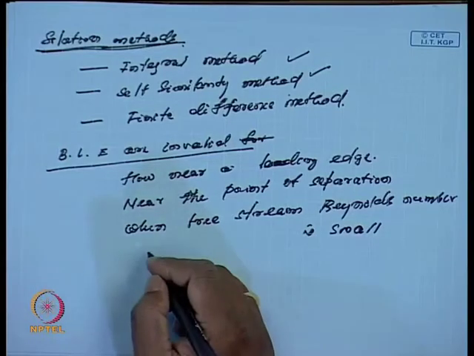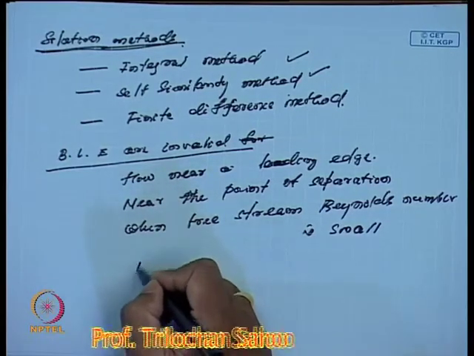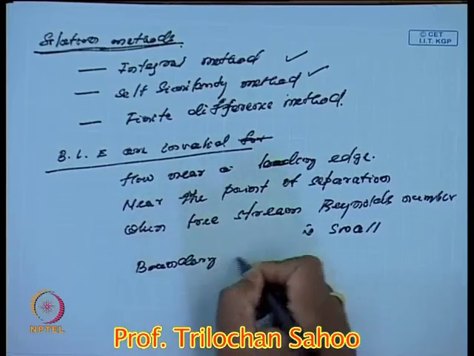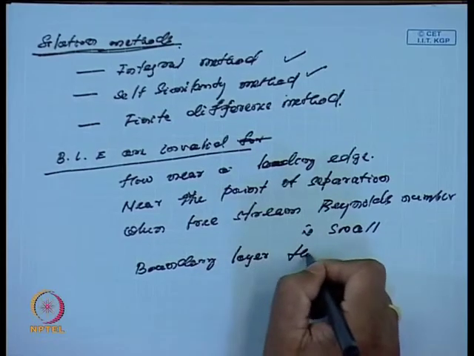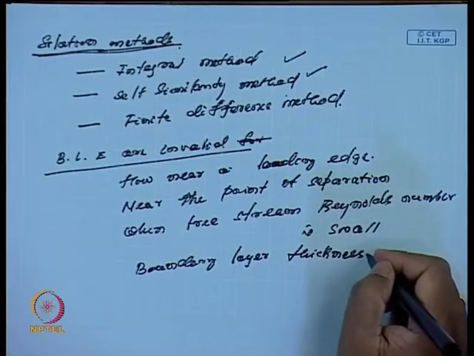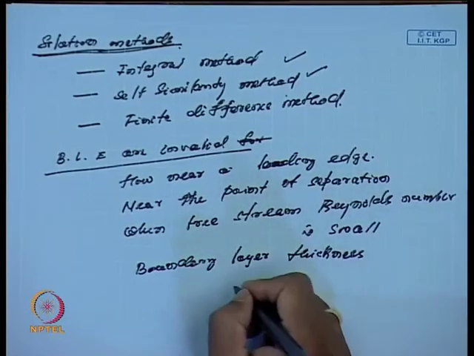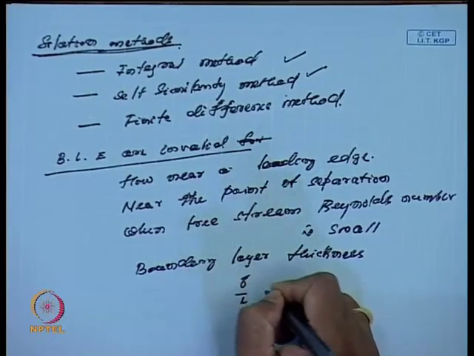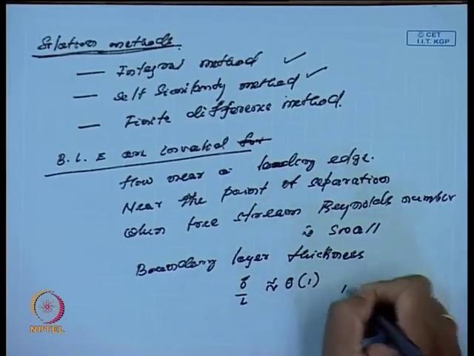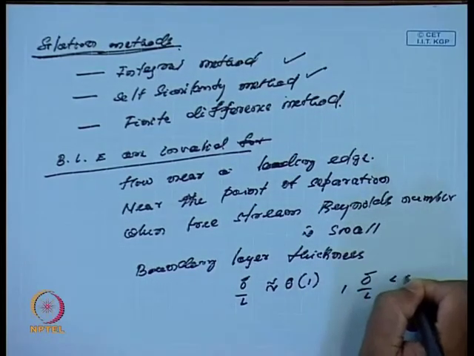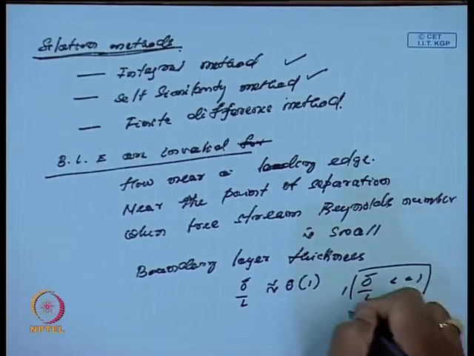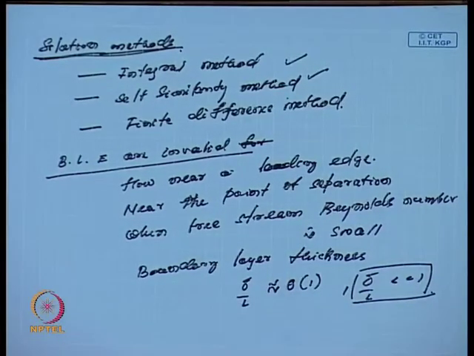And again this equation will not hold when the boundary layer thickness del by L is of order 1, because we have seen that only when del by L is much less than 1 will this two dimensional boundary layer equation hold good.